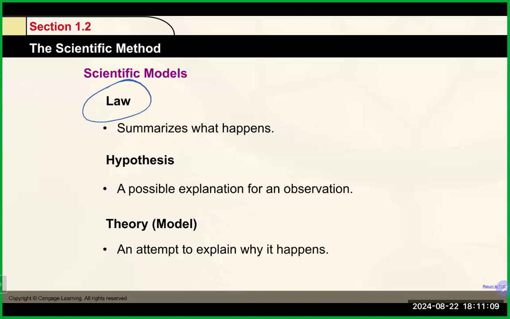Same thing with the law of conservation of energy. Energy is not created nor destroyed, but can definitely transform from one place to the next. A lot of times when we think about energy, we think about it moving from one place to the next, with systems and surroundings. The classic example is the giant boulder on top of a hill. It's got a certain amount of potential energy based on its position, right?